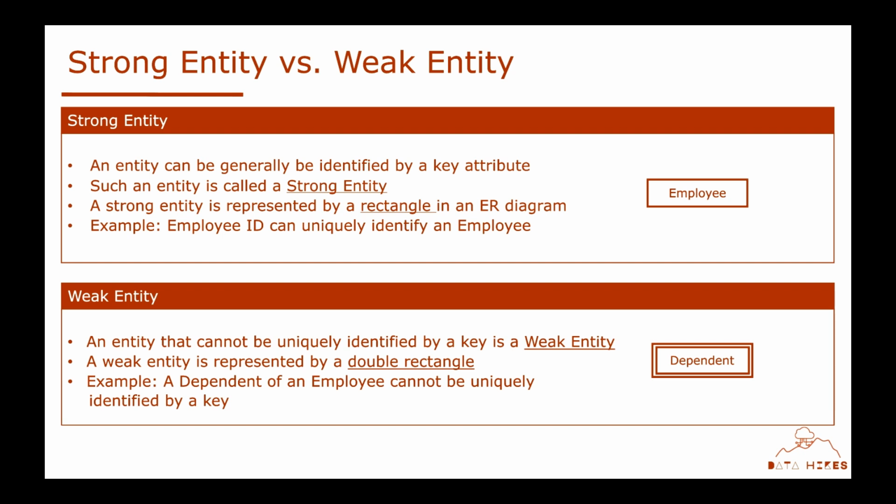So, a dependent doesn't really have a unique identifier. They depend on the employee's unique identifier to be identified. Hence, because a dependent does not have their own unique identifier, it is called a weak entity in the context of a database.